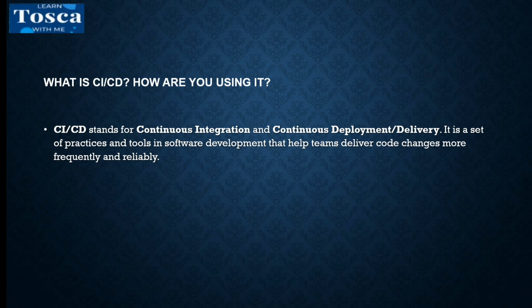We use DEX, which stands for distributed execution, through which we can divide our execution into different agents, and with the help of agents we can execute our test cases.